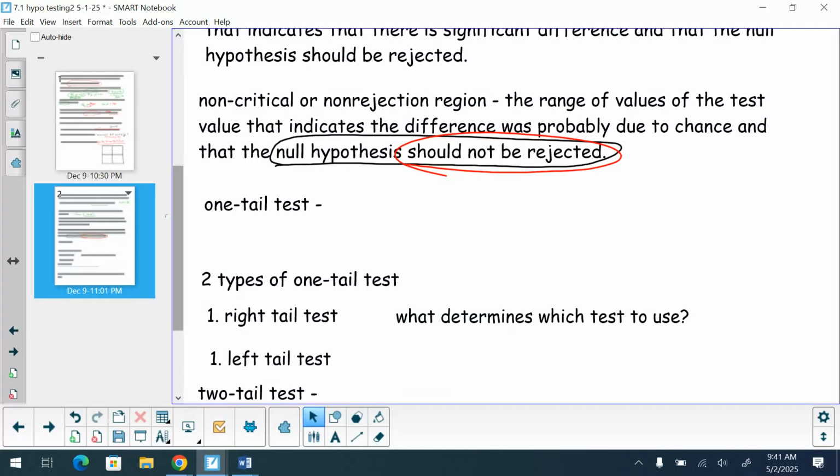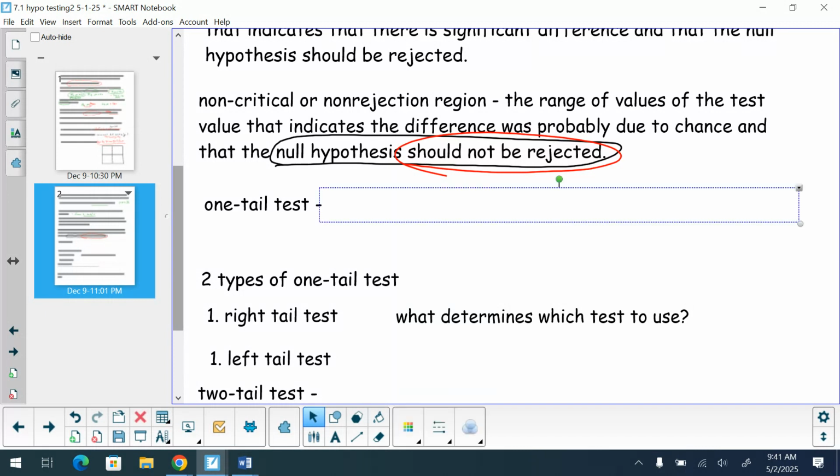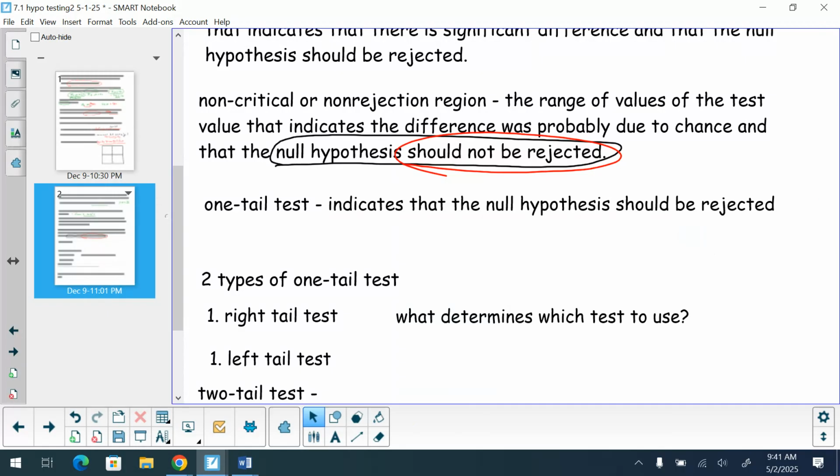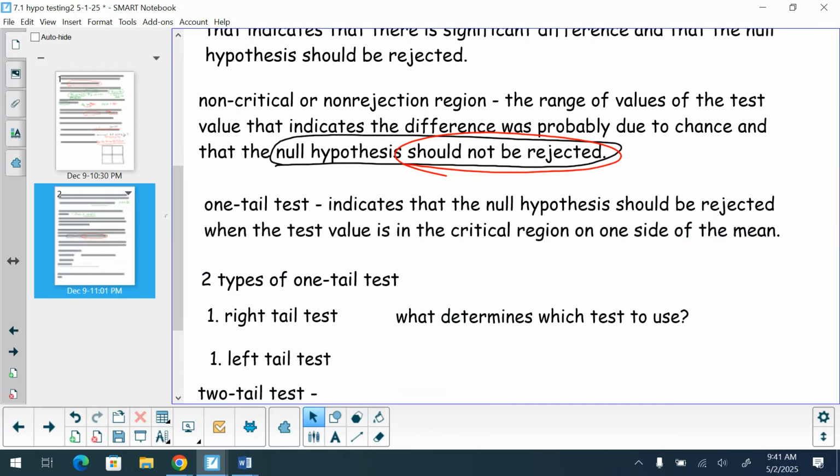We have two different types of tests. We're going to have what is called a one-tailed test, and we're going to have a two-tailed test. The one-tailed test indicates the null hypothesis should be rejected when the test value in the critical region is on one side of the mean.